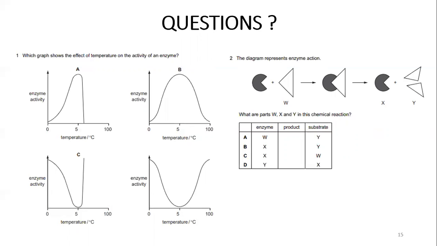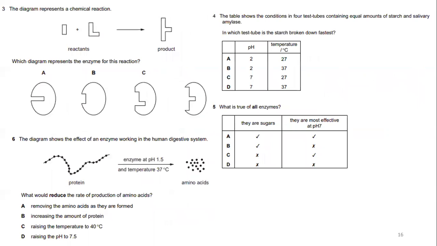Which one is Y? We can clearly see X is the enzyme, right? What is W? W is the substrate. Then what is Y? Y is the product. You can fill the column, right? Y should be the product.